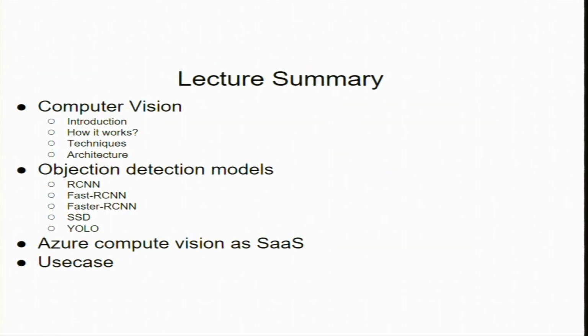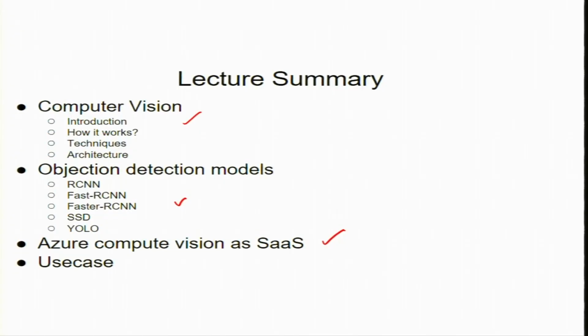Let us summarize what we have understood in this lecture. We have understood the computer vision fundamentals: computer vision needs machine learning models called image classifiers. The different machine learning algorithms or models we discussed are R-CNN based models and YOLO based models. Then we saw the Azure Computer Vision service, which is software as a service.